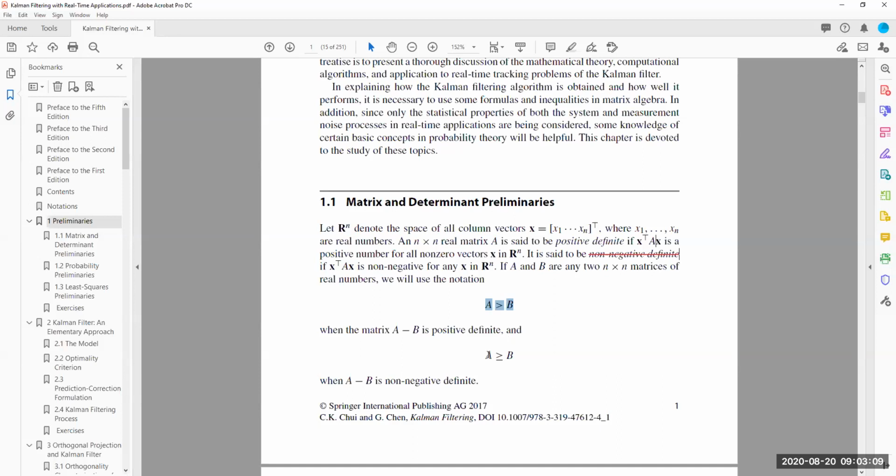Another notation, matrix A is greater than or equal to B, means A minus B is non-negative definite, so it's positive semi-definite. I will use the name positive semi-definite.